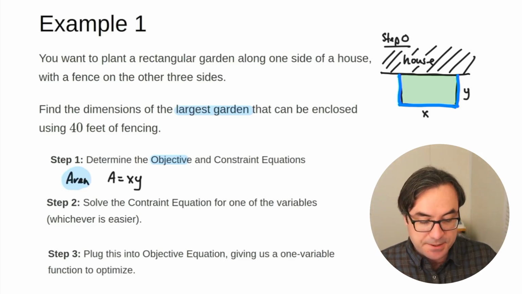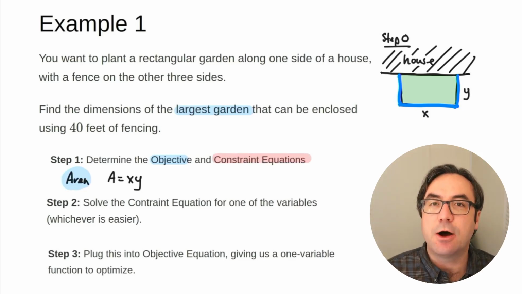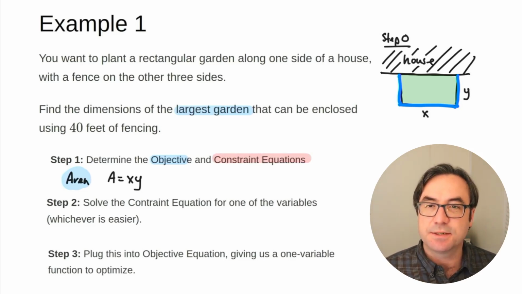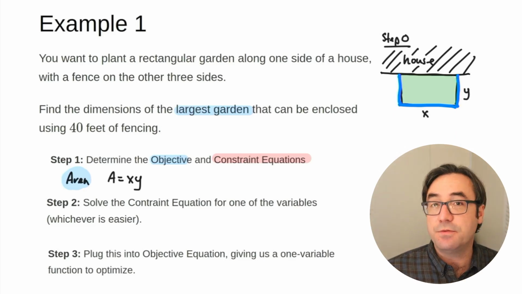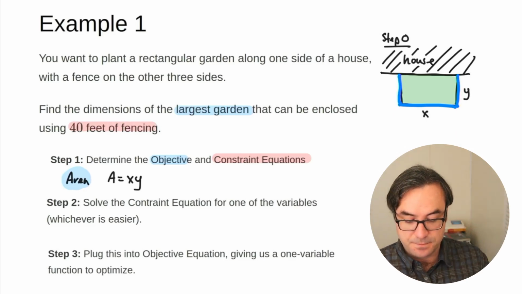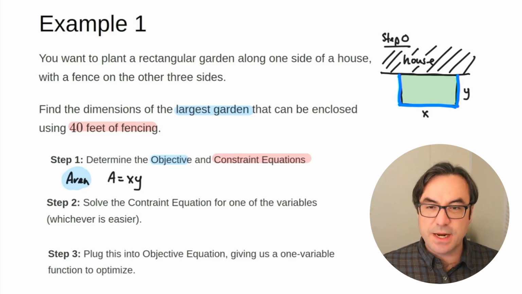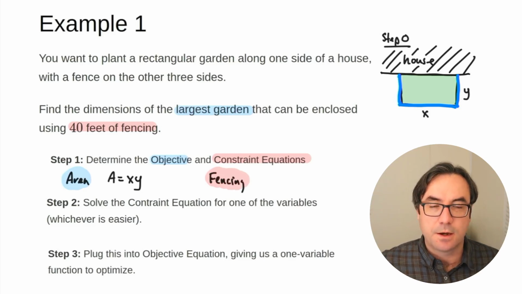Now the constraint, this is something that puts a limitation on how big our garden can be. And the limitation in this case is, well, we only have 40 feet of fencing to work with. So we can't make this garden as huge as we want because we only have 40 feet of fencing. So our constraint is going to be the amount of fencing. All right, so how much fencing?